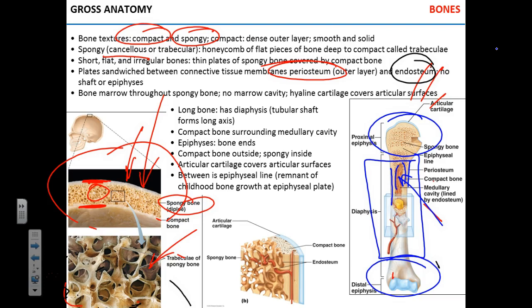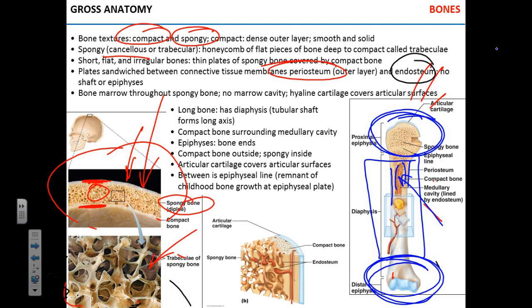So, on the long bones, articulating surfaces are covered with cartilage. If you look at this example of this knee right here, you see the distal end of the femur. Can you see that white coverage of the condyles?